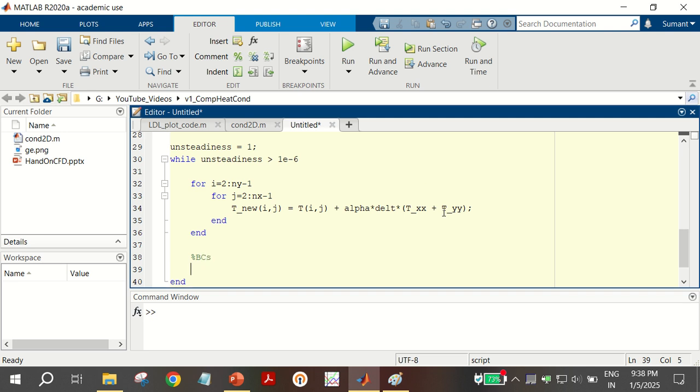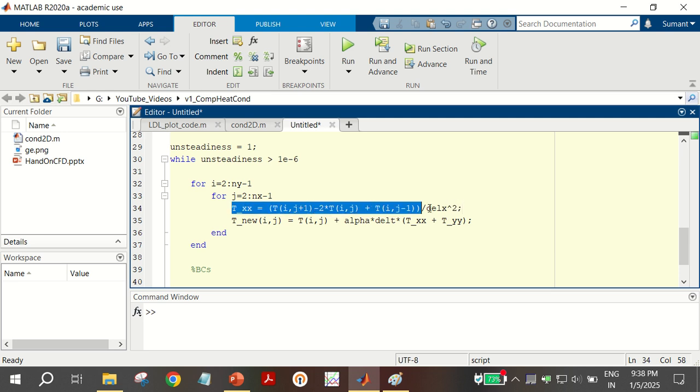So this is as simple as it can get, and then you can implement BCs here, boundary conditions. Okay, so those are the things, but the main thing here is first I have to calculate Txx, right? So how do I calculate that? T of i comma j plus 1, because j is x for me, minus 2 star, that is the Taylor expansion which I have just showed, T of i comma j plus T of i comma j minus 1, divided by del x square.